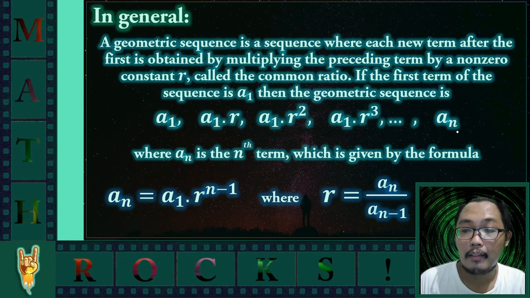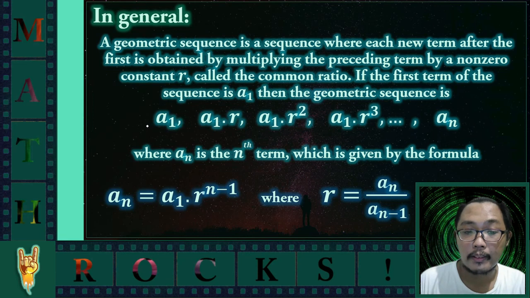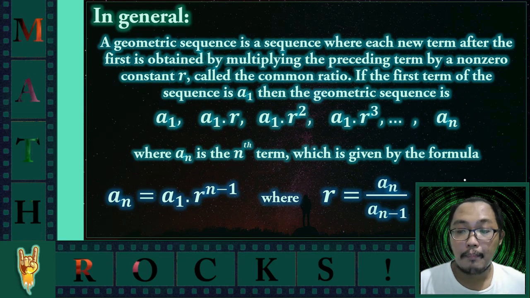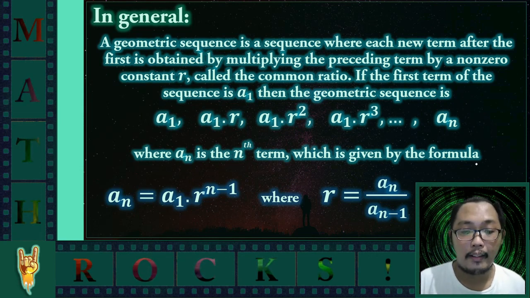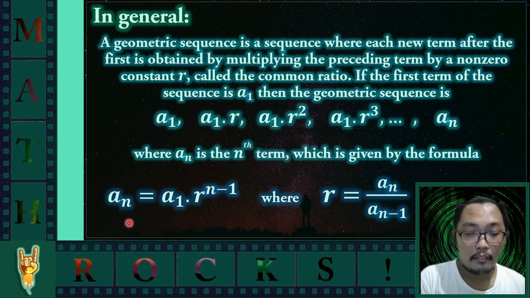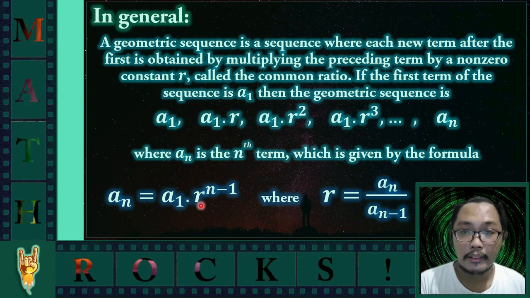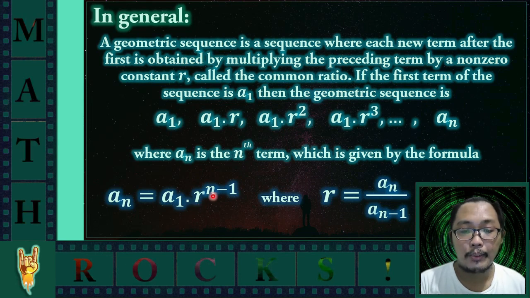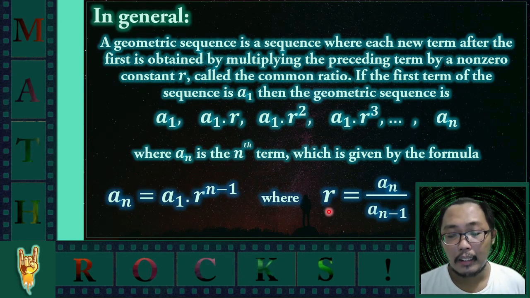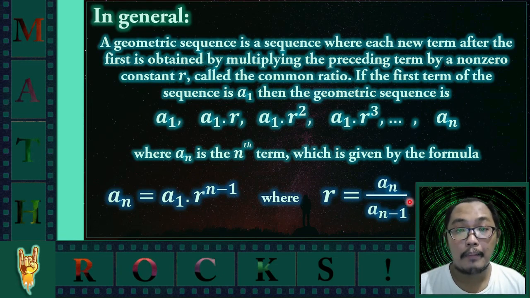Notice that we have arrived at these same expressions during the derivation process, where a sub n is the nth term, given by the formula that we have derived a while ago: a sub n is equal to a sub 1, or the first term, times r, which is the common ratio, being raised to n minus 1, where the common ratio is given by the formula r equals a sub n over a sub n minus 1.